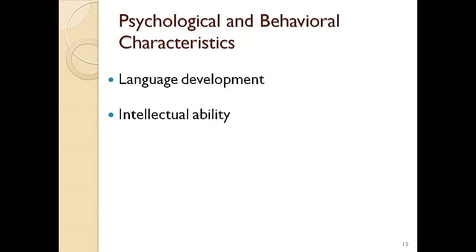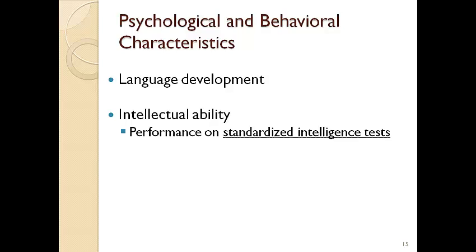We base this on standardized intelligence tests, where the performance of children who are blind does not differ much from those who are sighted. However, there are some differences in conceptual development because children with visual impairment rely more on their touch than on reading or other ways.